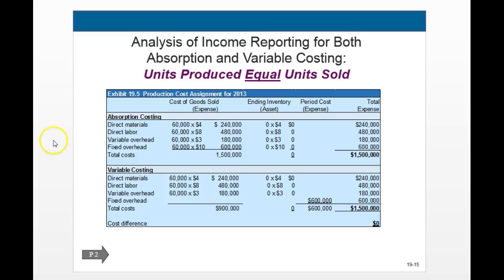So if we go to here, and we'll look at this again, this is units produced equal units sold. This is the absorption. You come down with $1.5 million total cost, but down here, I've only got $900,000 in total costs. The other $600,000 comes out as period cost here. And this works perfectly fine as long as the units we produce equal the units we sold.